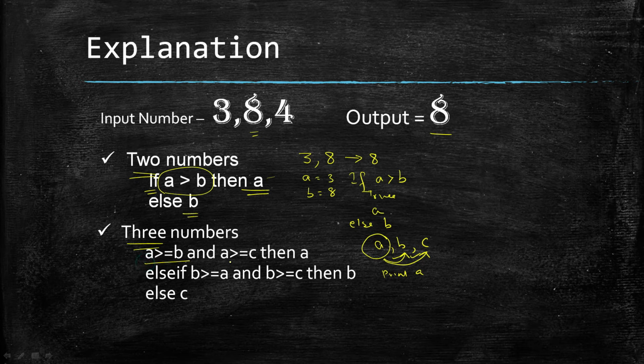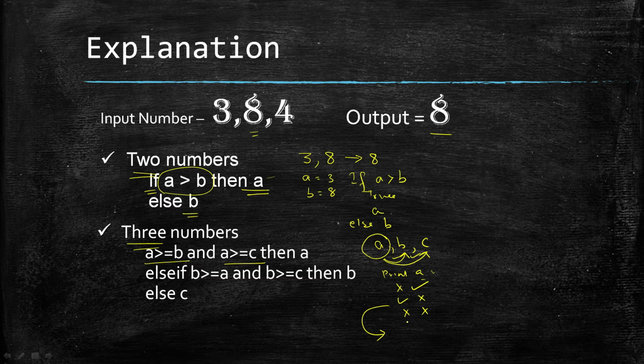So we'll check A is greater than or equal to B, A is greater than or equal to C, then print A. Next, if one of the conditions is failing or both are failing, in any case, it will go to the next check.